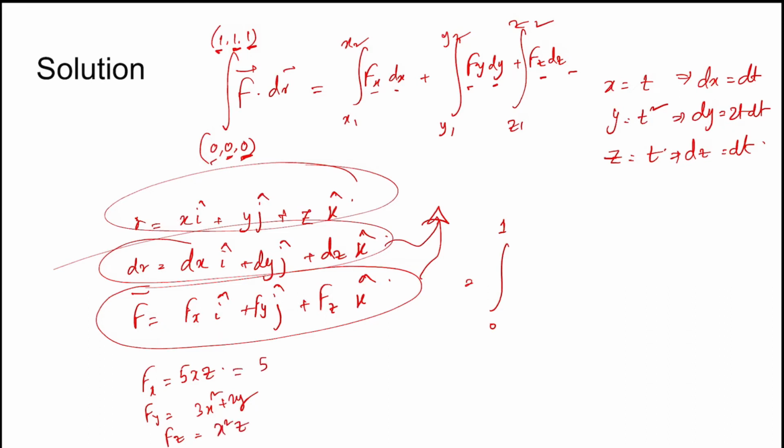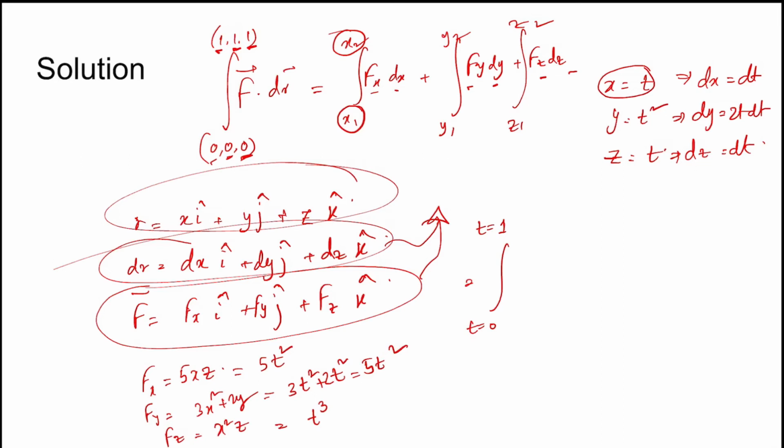So xz means 5t square as a function of t, 3t square plus 2t square equal to 5t square, x square z means t cube. So now if x1 is 0, t is 0 because x equal to t, x2 is 1, t is also 1, so this is actually the value of t.